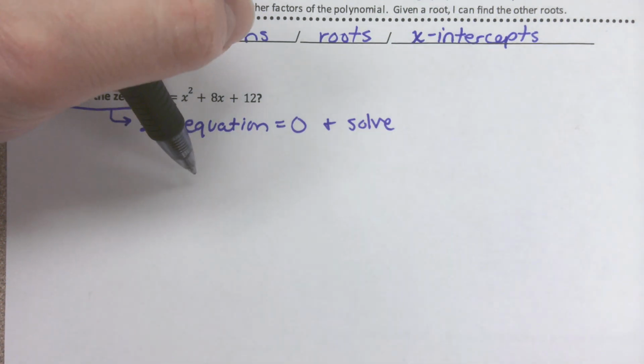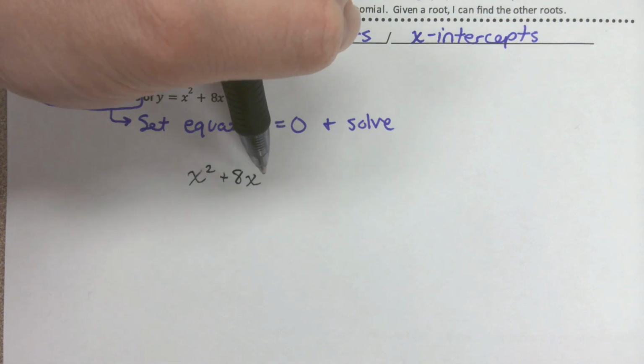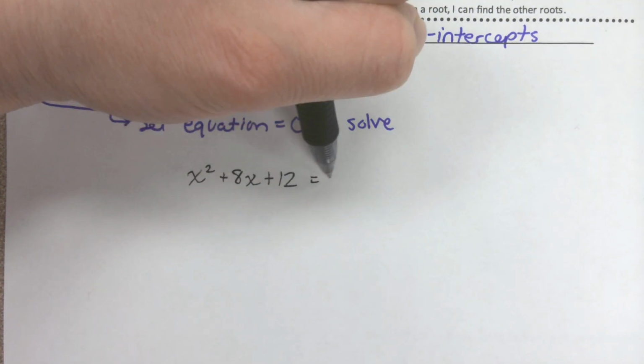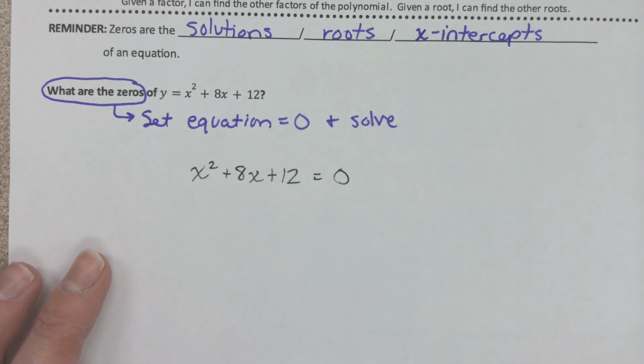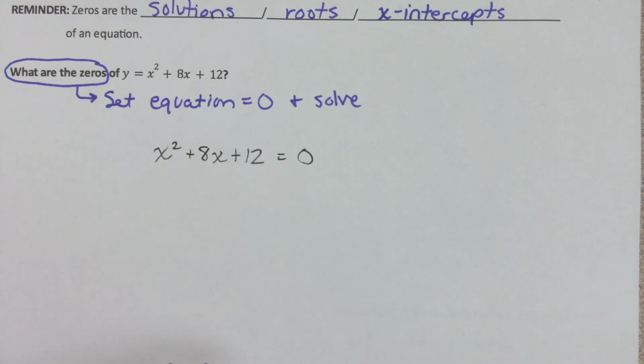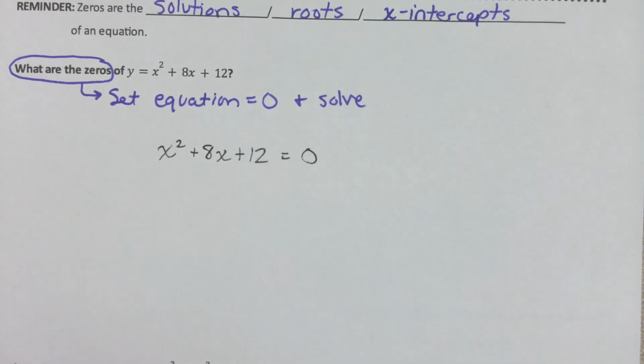Our equation is x squared plus 8x plus 12 is equal to 0. There is a word for this kind of problem.